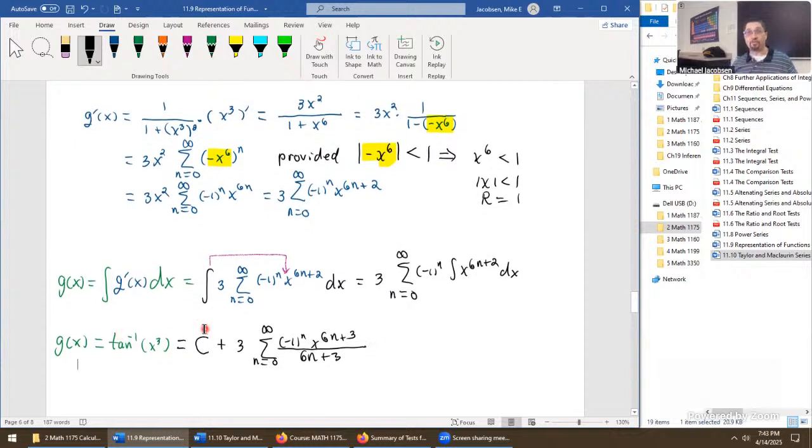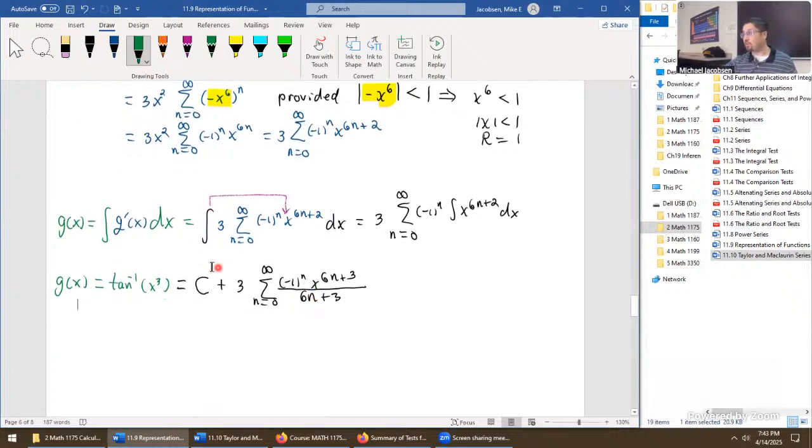We need to solve for the coefficient c next. But to do that, we just pick the center value. Set x to 0. That's the center because it makes the term here 0 when substituted.